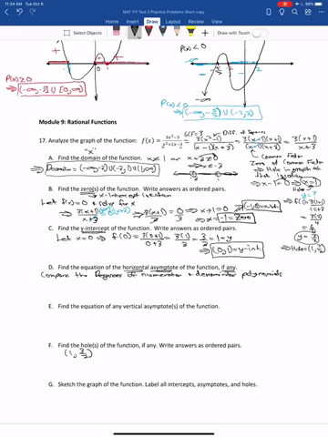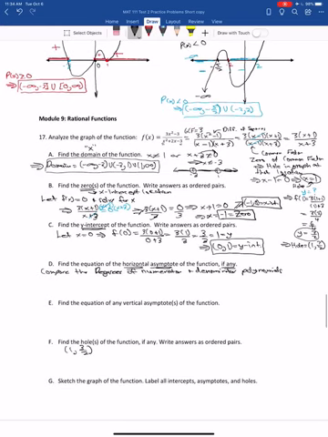With that said, let's go back to our original function. Remember, we had f of x. Here's our function: f of x was equal to 3 times x squared minus 3 divided by x squared plus 2x minus 3, right? If you look at comparing the degrees, our degrees, of course, are the exponents of the leading terms.